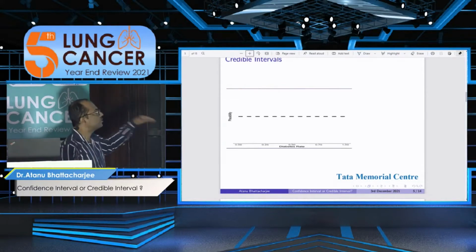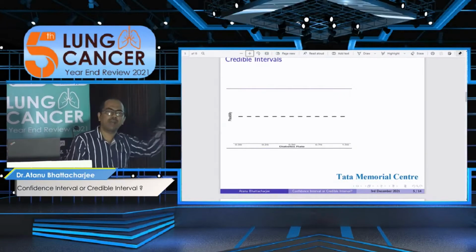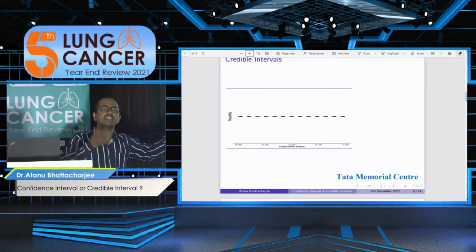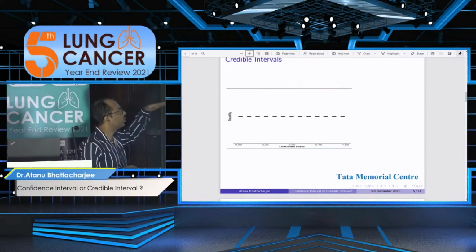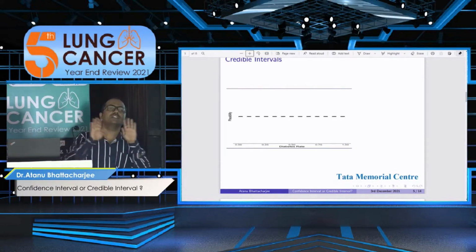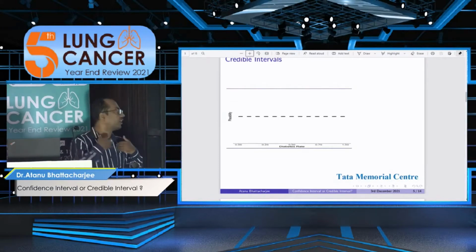So in that sense, we are talking about the flat prior. This is called flat prior. Flat, there is not any influence. There is not any anticipation that yes, these people have a certain chance of diabetes. No. So in the background, we are assuming everybody will have an equal chance of either having diabetes or not having diabetes.